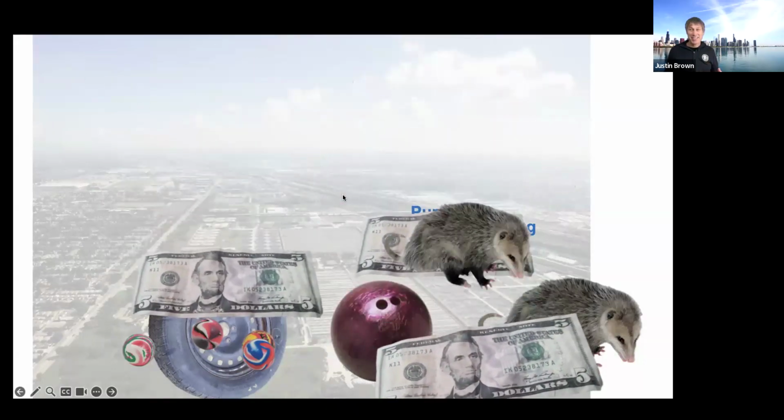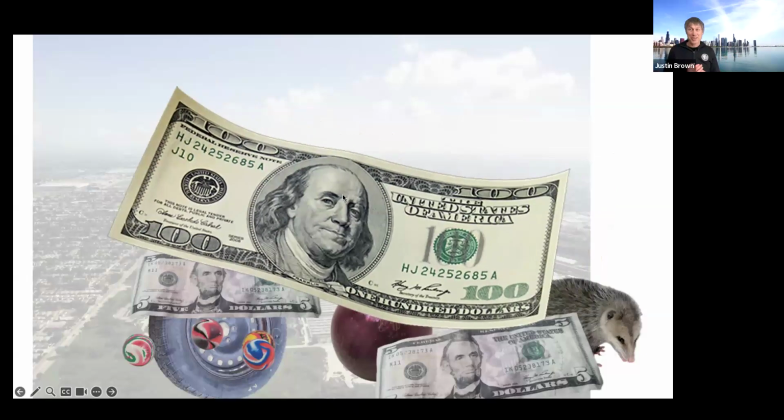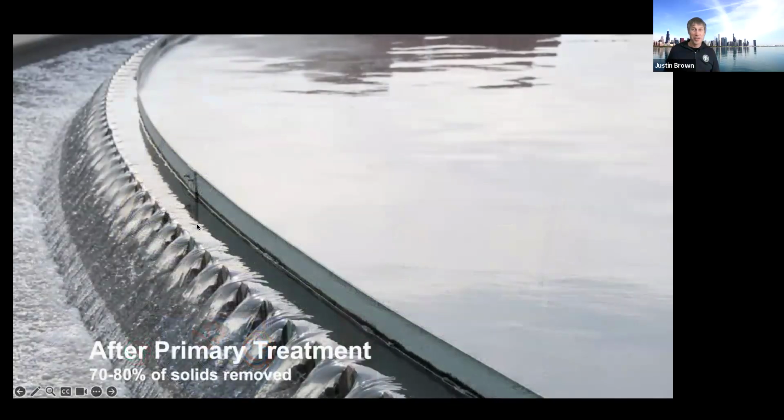People ask, yes, we sometimes even find money on the screens, and a guy that I work with, who I totally believe, tells me he once found $100 on the screens at one of our plants. So you never know where your money's been. All right, I'm gonna show you what some of this looks like up close here.